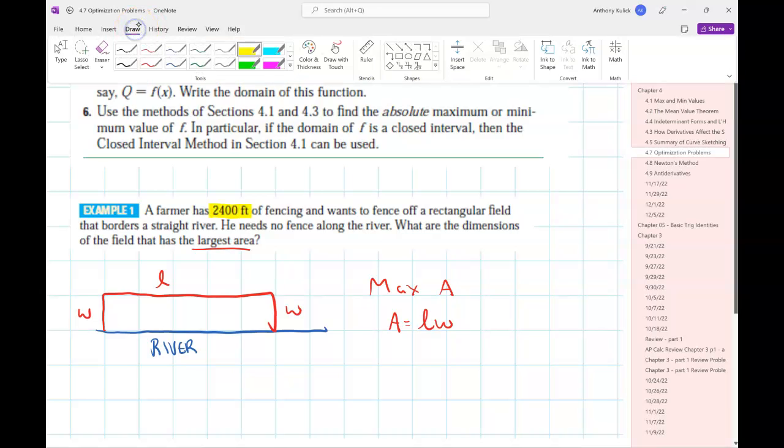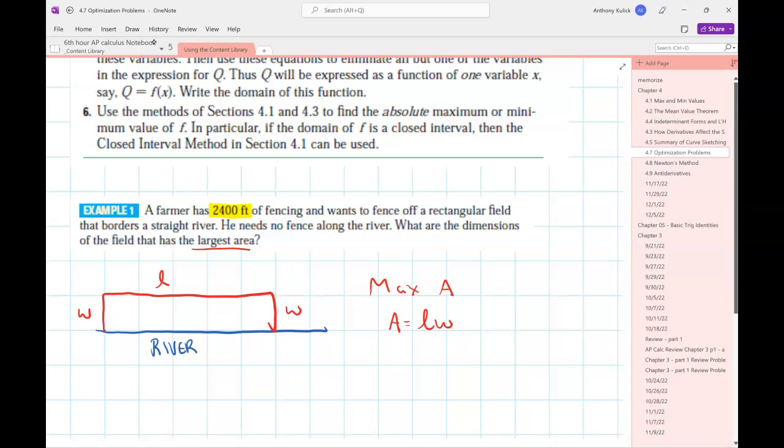What can I say about the relationship between L and W in that 2,400? 2W. Yeah, L plus W plus L plus W is equal to 2,400. Or that L is going to equal 2,400 minus 2W.